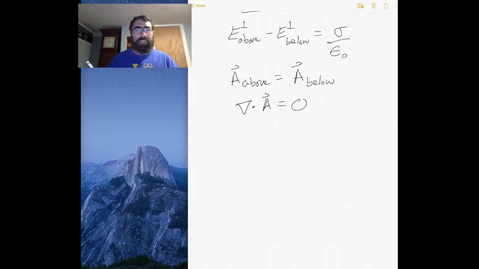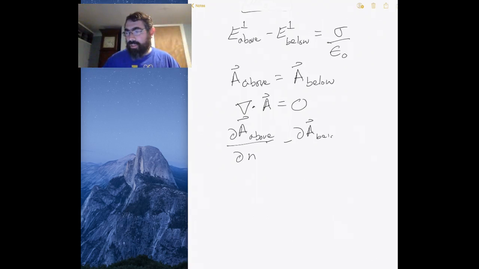therefore I can rewrite this equation as the change in the magnetic potential above, with respect to the area direction, minus the change in the magnetic potential below, is equal to minus mu zero times the current density.